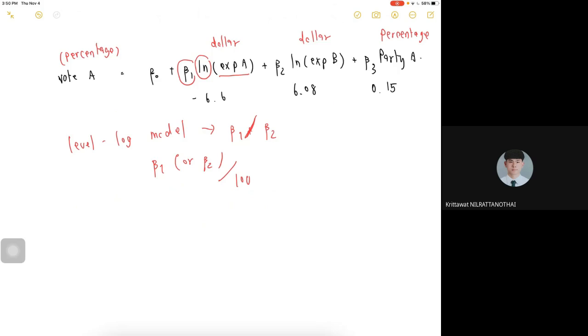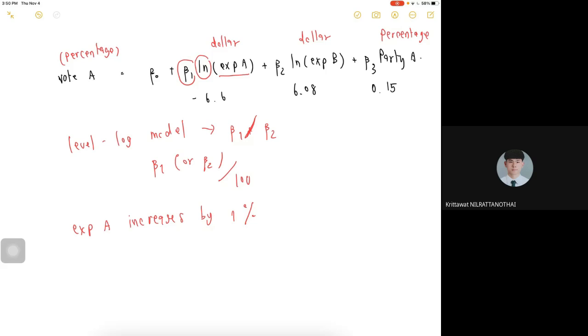For example, if the expenditure A increases by 1%, because you already take natural log in there, so it will be like a percent.